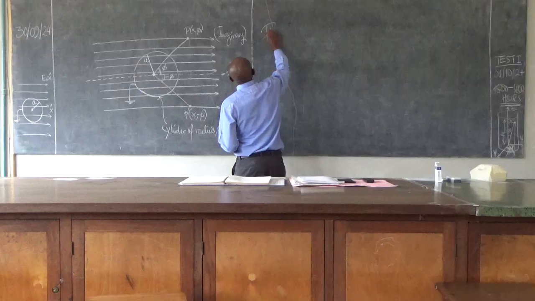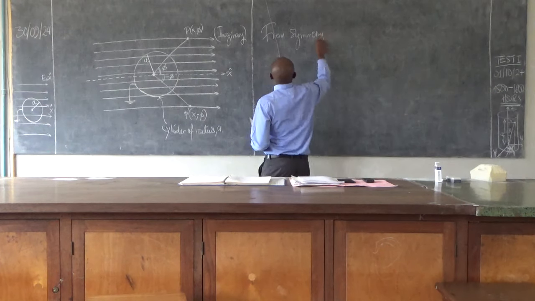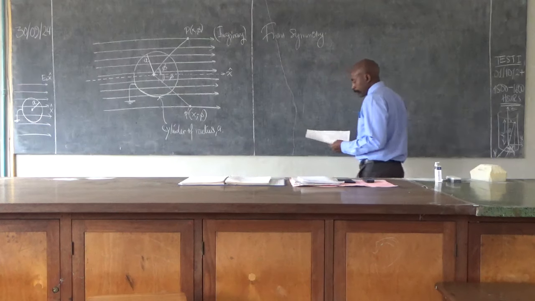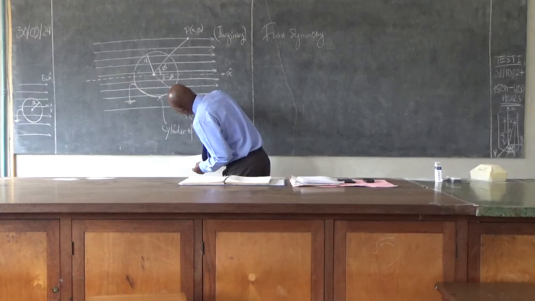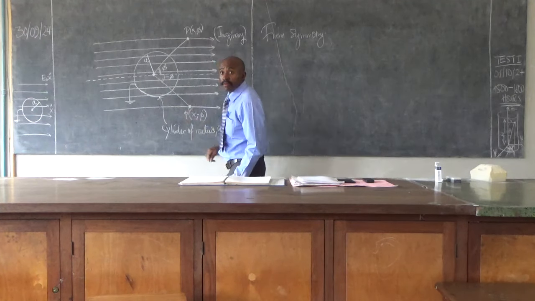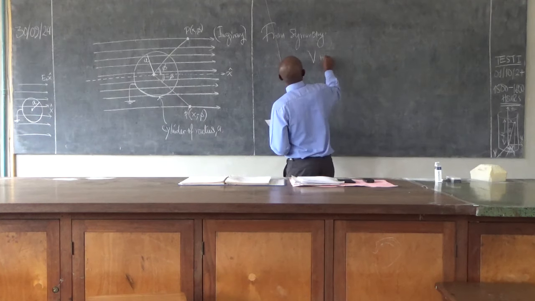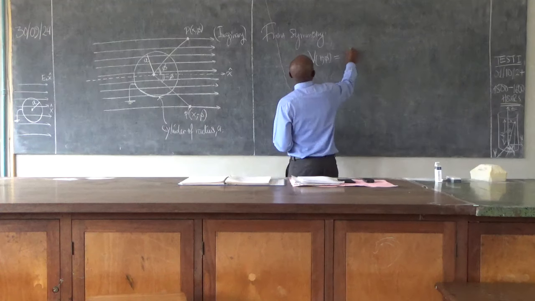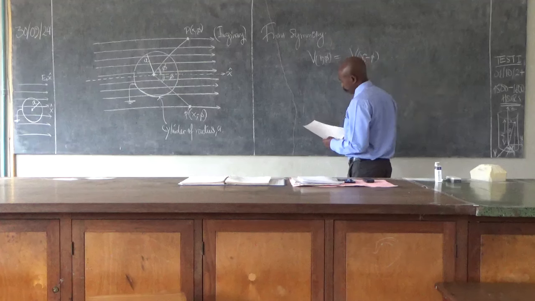Similarly, on this side, the potential here should be the same as the potential there, because there is symmetry. So here phi should be equal to V(R, minus phi).